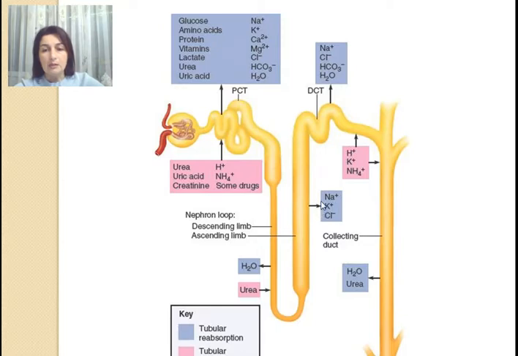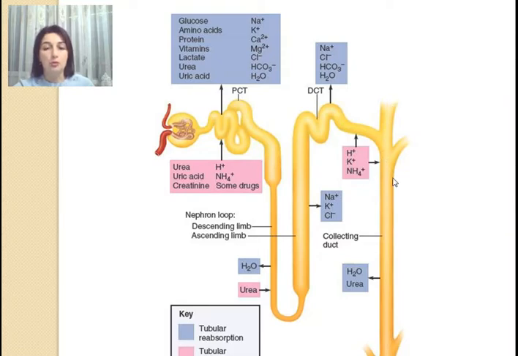Then that urine flows towards the distal convoluted tubules, and in these tubules the reabsorption will be controlled by hormones. Mainly aldosterone, the hormone which will increase absorption of the sodium ions. Also, we have parathormone, which will stimulate reabsorption of the calcium salts.